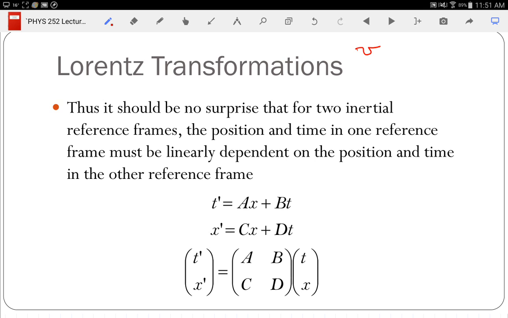V, what was V actually the speed of? It was the speed of the S prime frame with respect to the S frame. You weren't here when I defined it. So V is the speed of the S prime frame with respect to the S frame. And we're going to set V in the x direction.